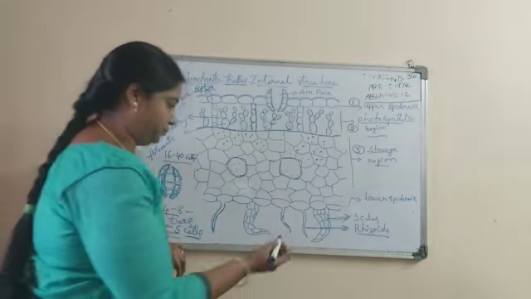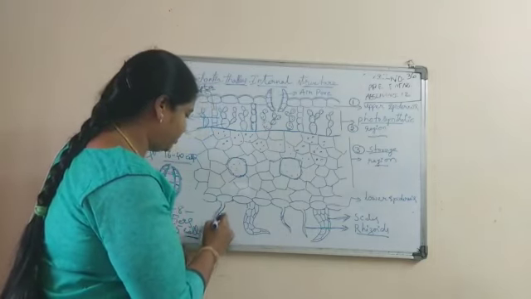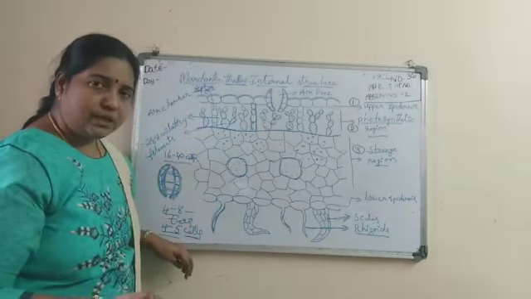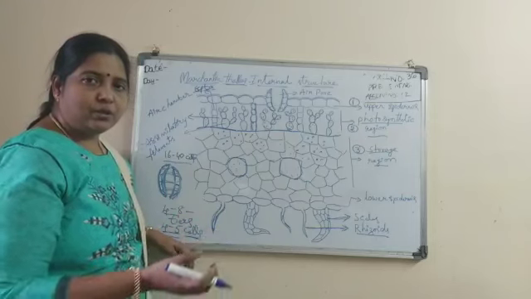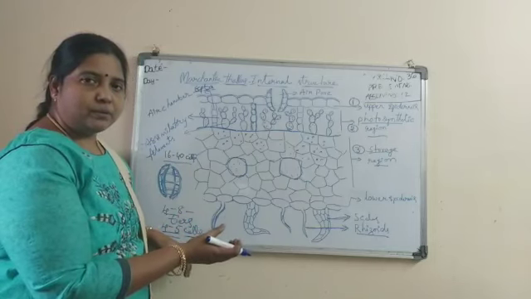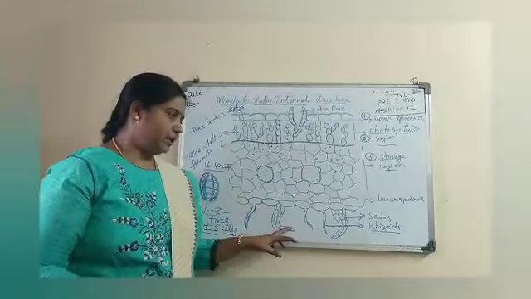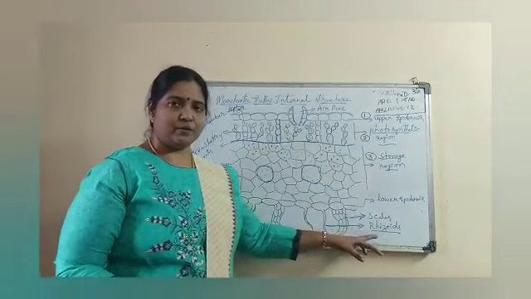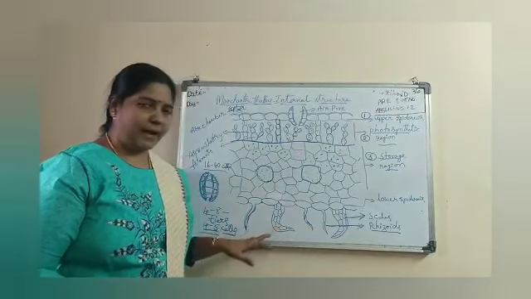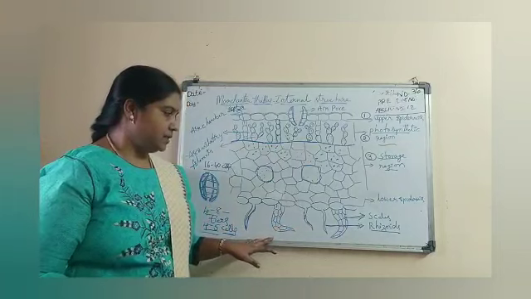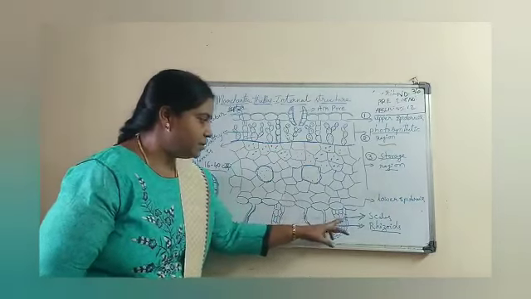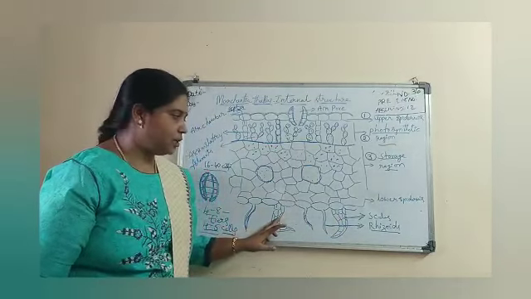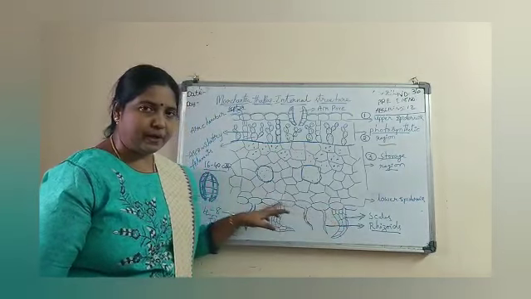So what is the function of the rhizoids? As we know, the rhizoids help in absorption of water and anchorage of the plant or the thallus. And you can also see the presence of scales. The scales are also produced from the lower epidermis.